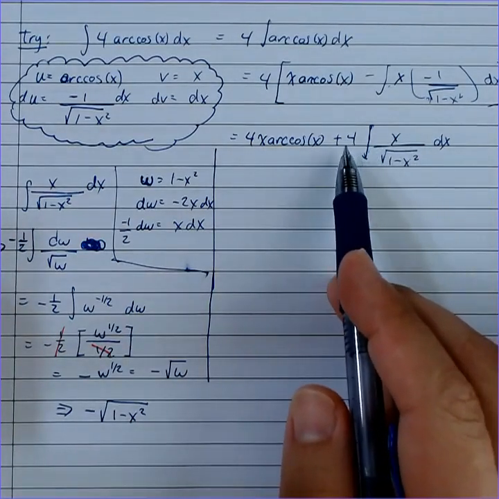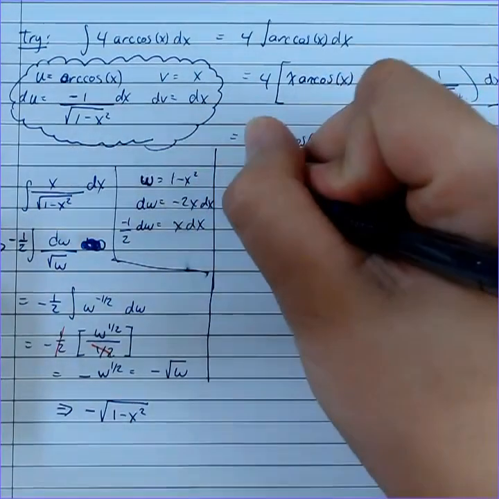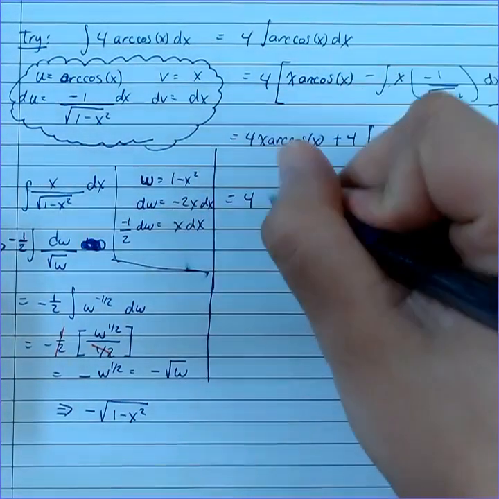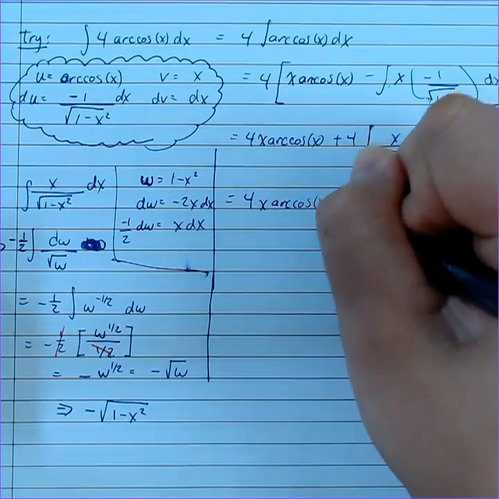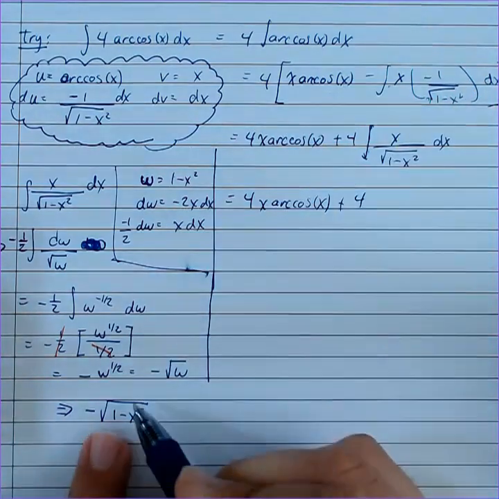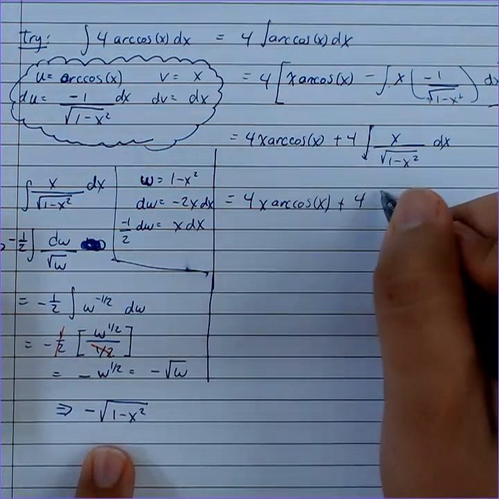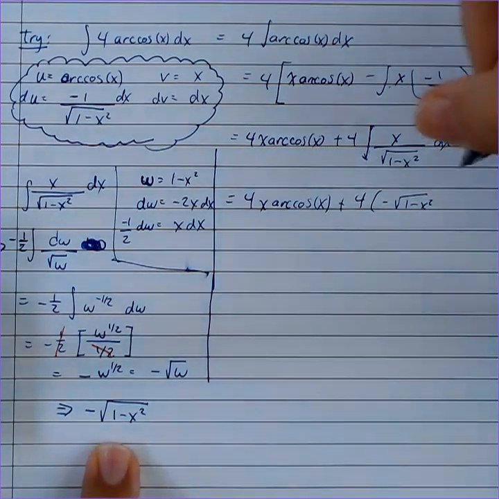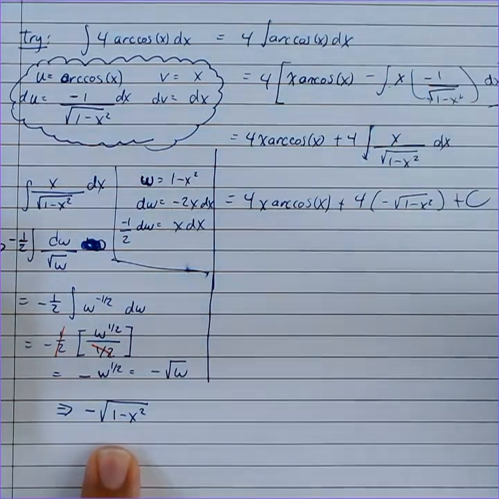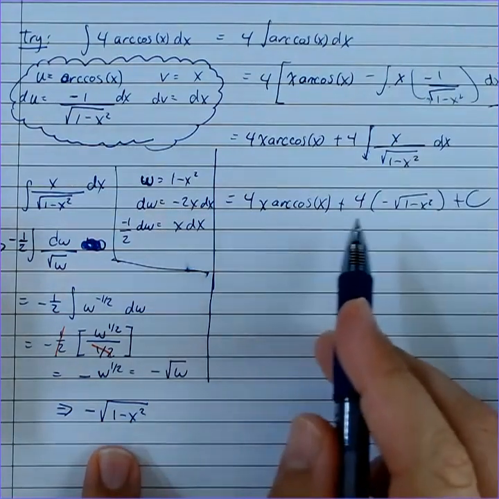So now we want the product of 4 and that integral. So we can now write that as 4x arc cosine of x plus 4 times this integral here, negative square root of 1 minus x squared. And now we can put in our constant of integration. Finally, is there anything to simplify?